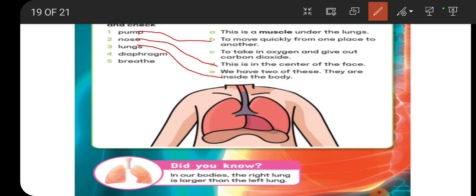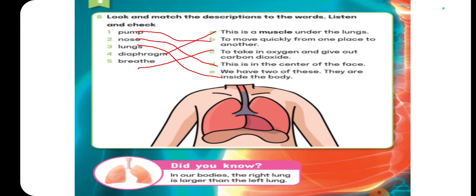This is a muscle under the lungs. The diaphragm is a muscle under the lungs. And then we have the verb breathe, which is to take in oxygen and give out carbon dioxide. And here we have the lungs and the diaphragm.